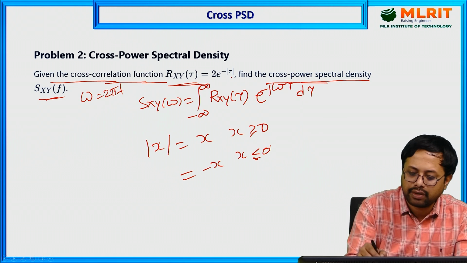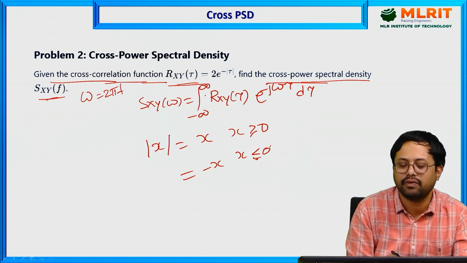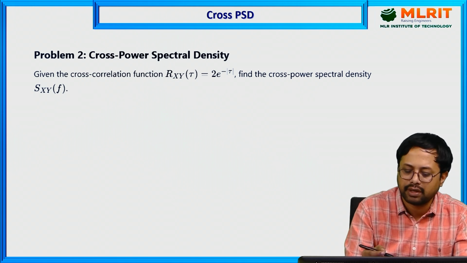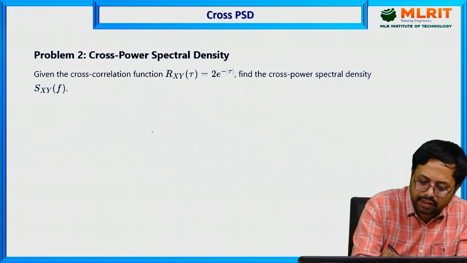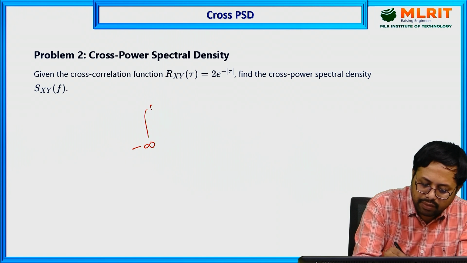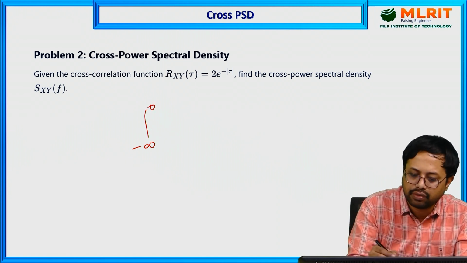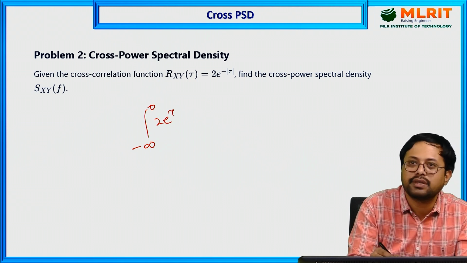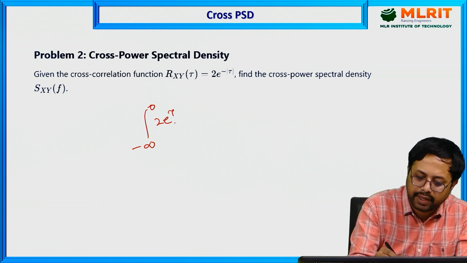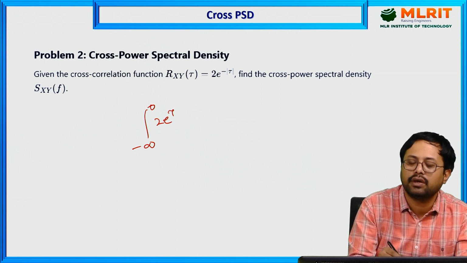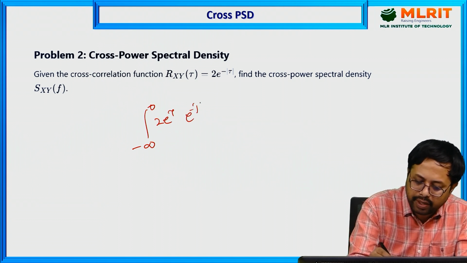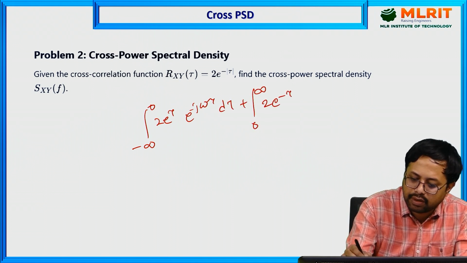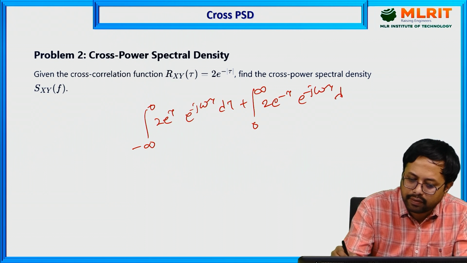For the modulus of tau, you have to change the interval from minus infinity to infinity. Then you use the formula. From minus infinity to 0, you get 2 e power tau, since mod tau is minus tau, and you substitute e power minus j omega tau, plus the integral from 0 to infinity of 2 into e power minus tau, e power minus j omega tau d tau.